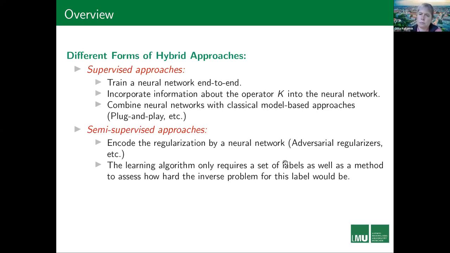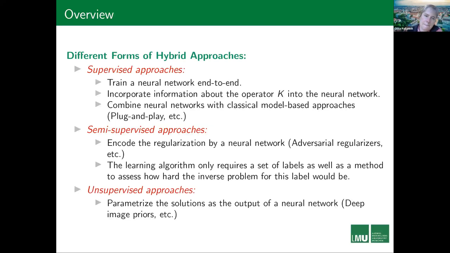It only, as it says, requires a set of labels to check how hard this inverse problem actually is. So in that sense, I might call it semi-supervised. It's only used as a regularizer, not for the full problem. There are various approaches, and we will also see an example of these approaches.